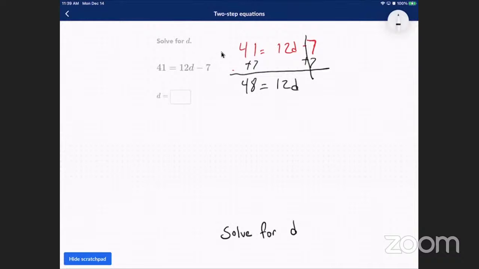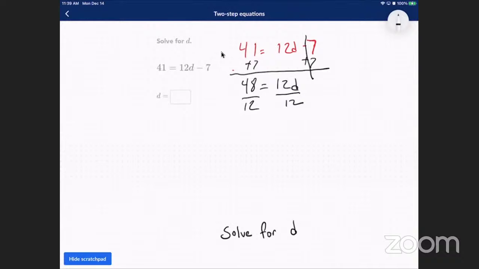Now, like I said before, this cancellation thing is weird. What I'm actually trying to figure out is, if we had 12 on either side and were able to solve for it, what would be the magic number that D would have to be in order for it to equal 48?